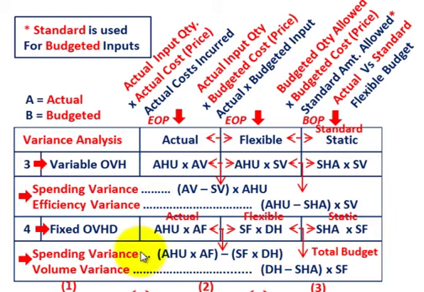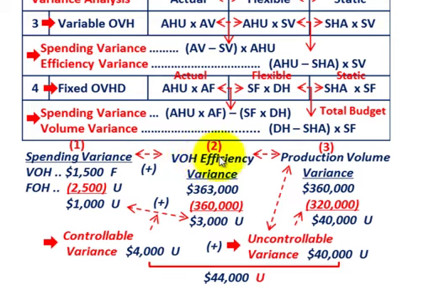Okay, so now that you know your spending, efficiency, and volume variances for your variable and fixed overhead, now you can determine, and this is the problem we're going to be going through here, we're going to be comparing our spending variances, our variable overhead efficiency variances, and our production volume variances. Based on the differences between those variances, we're going to be able to determine the controllable variance between our spending variance and variable overhead efficiency variance, and that's based on our variable overhead and our fixed overhead amounts.